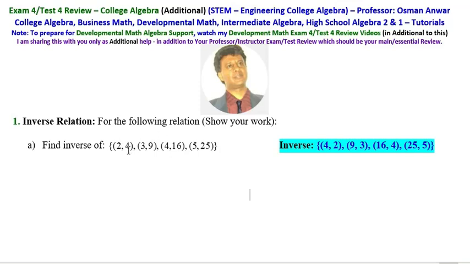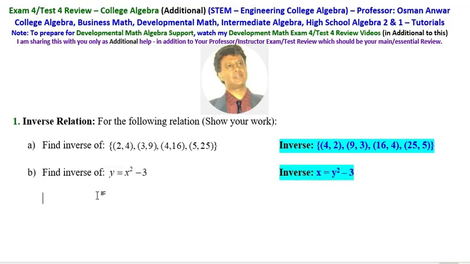Then the inverse relationship is simply to interchange x and y. That is, the inverse is (4, 2), (9, 3), (16, 4), (25, 5). As you can see, the relationship here is y equals the square root of x. And this is the inverse relationship.